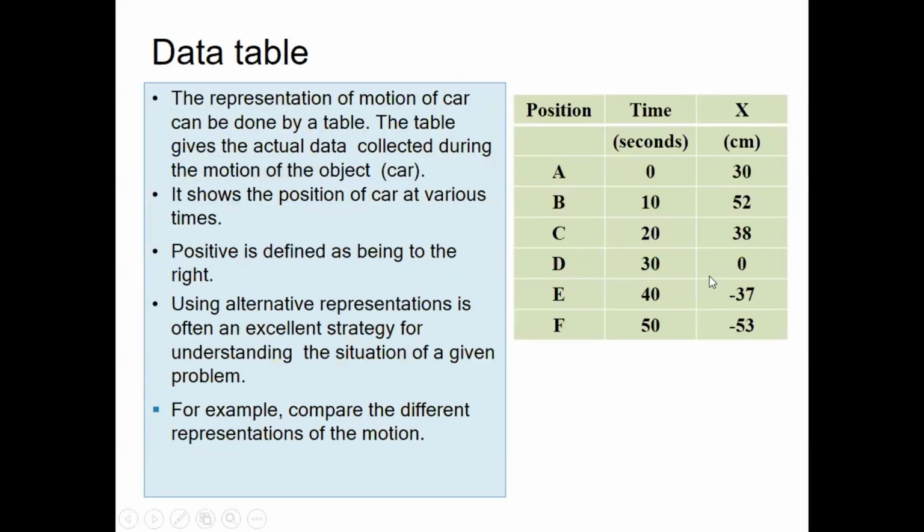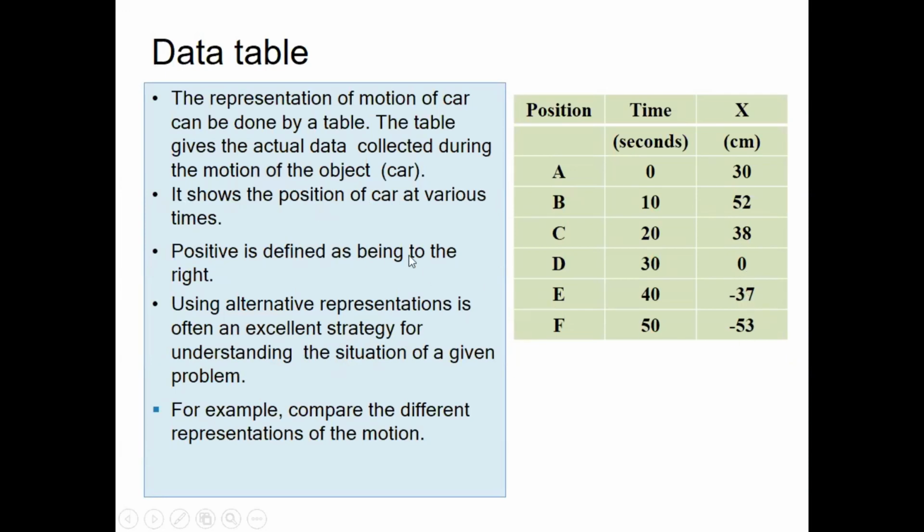This is a data table which I have displayed here. It is a position A, B, C, D, E, F, and the time in seconds, and the distance in centimeters from the origin. So it is 30 centimeters and 52 centimeters, and then 38 centimeters, and then becoming 0, and then minus 37 and minus 53.